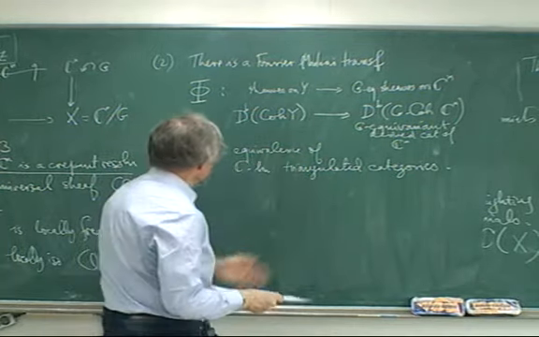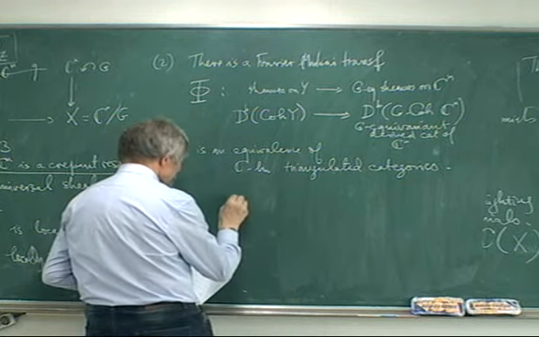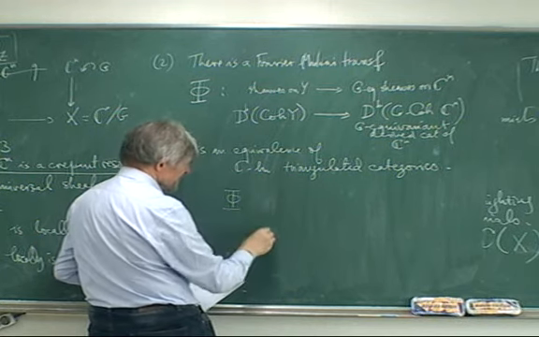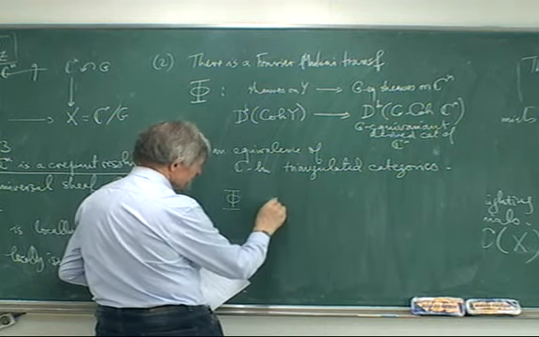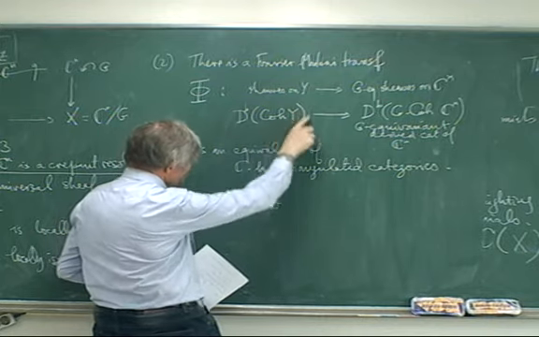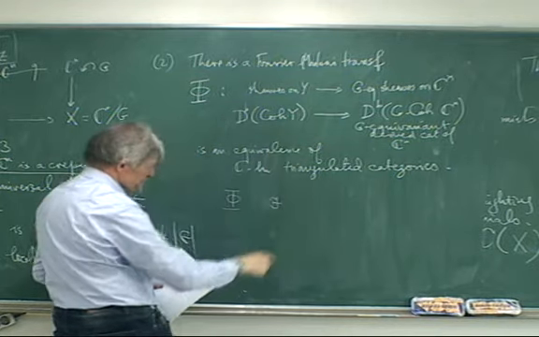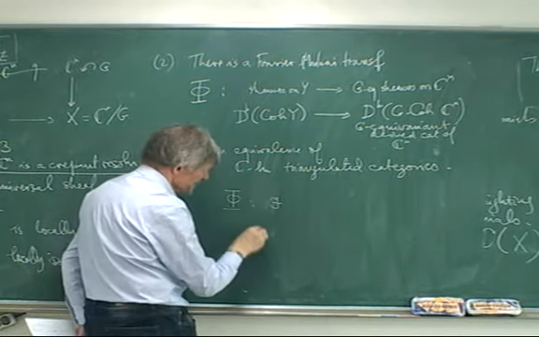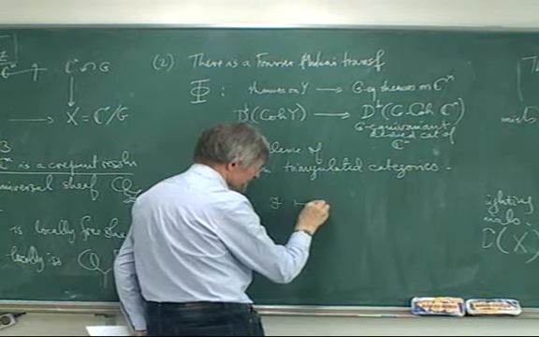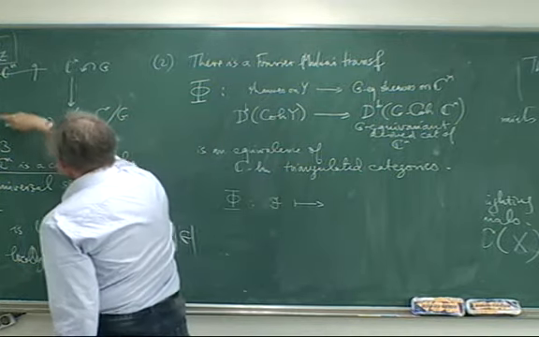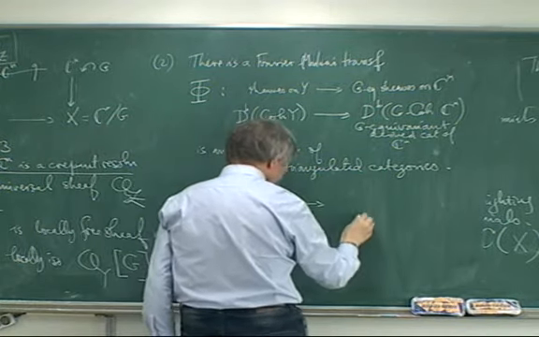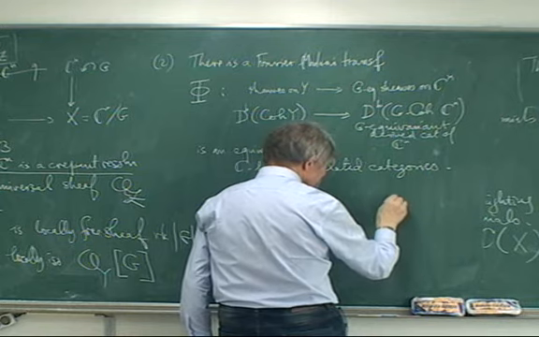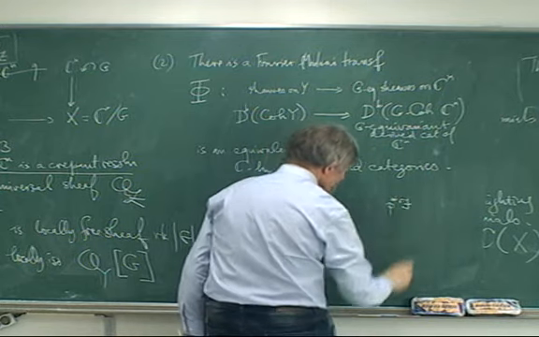So Phi is, roughly speaking, takes a sheaf F. So I have to define it also on complexes of sheaves, but you just have to believe me that the same kind of formalism works. So F maps to, so I take P upper star F, right?